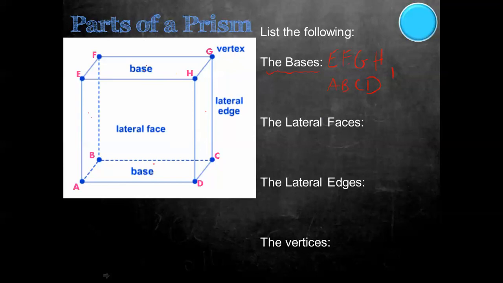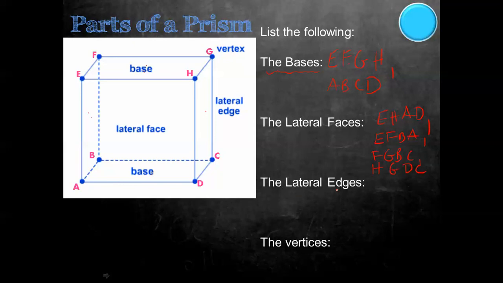Since this is the base, the lateral faces are the faces that wrap around the base, that make up the rest of the solid. In this case, it would be EHAD, then EFBA, then FGBC, and the last one would be HGDC. Those would be your lateral faces.